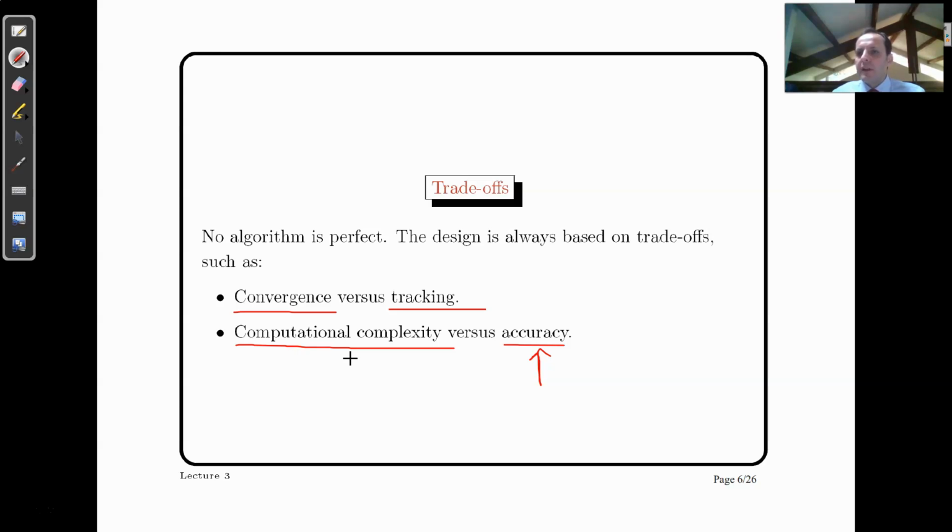Its accuracy is better than classical least square, but of course, the prediction error method is much more complex than least square. So again, you need to decide a trade-off between the accuracy you need and the complexity of your solution. In every application, there is a compromise, a trade-off.